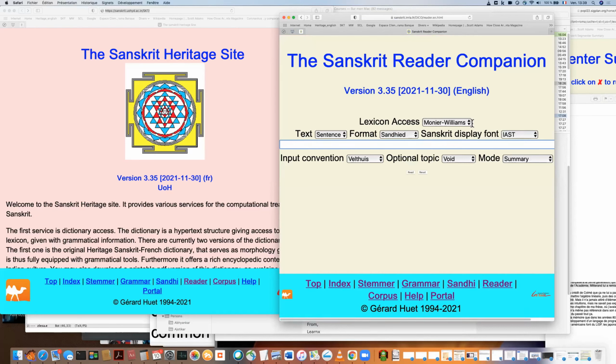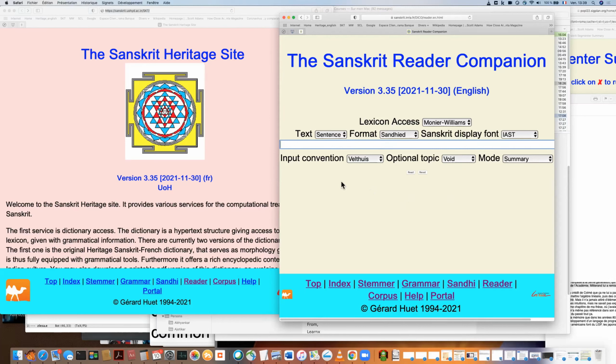Okay, but Sanskrit display font is still IAST, and input convention is still Velthuis. Okay, so there are these three parameters. Yes, but you have only two access links. I did not build all the combinatorics. Yes, you have to set it up on the fly.